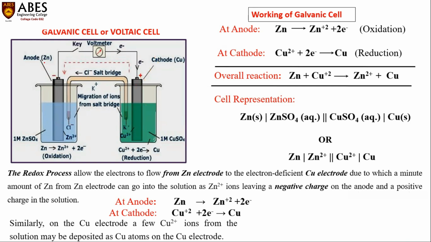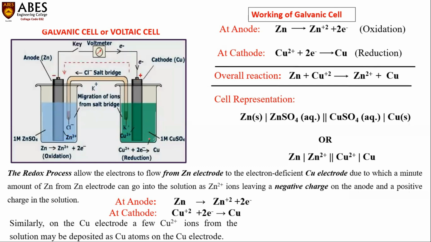Zinc, as we know, has a tendency to lose electrons because it is an electron rich metal having d10 electron configuration. So it loses the electrons and zinc converts into Zn2+ and comes into the solution. The electrons that are released move from anode to the cathode side.